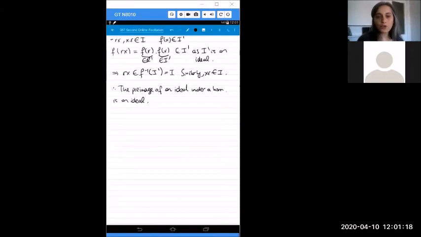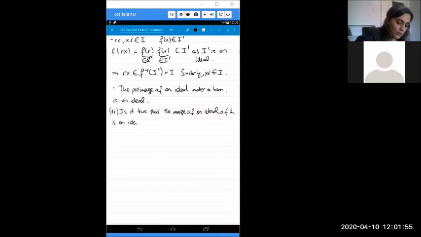Do you have any questions? Any suggestions? And now, here is the question, the second part: is it true that the image of an ideal of R, using the same homomorphism and same rings, is an ideal of R prime?